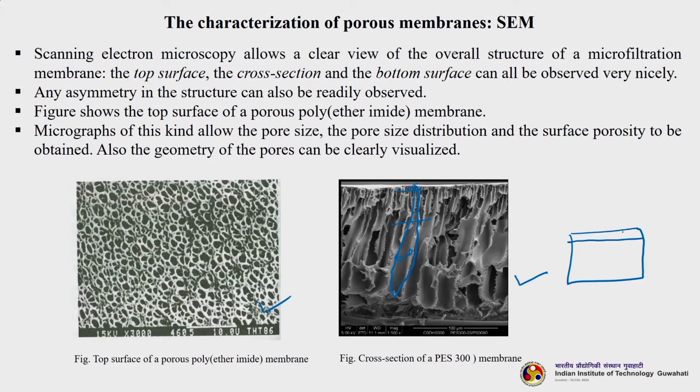We can see this is a dense layer, and then you can see the porous layer here. So, if you look at the cross section, it will easily tell us whether the membrane is an asymmetric membrane or not.